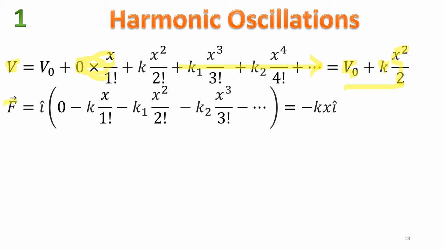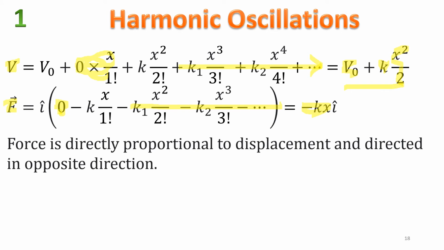Similarly, the expression for force is i times, force is present only along the x direction, either the positive direction of the x-axis or the negative direction of the x-axis, and this is equal to minus kx only, and here we are ignoring all higher order terms, and this quantity is already 0 because the derivative of V0 is a number that is equal to 0.